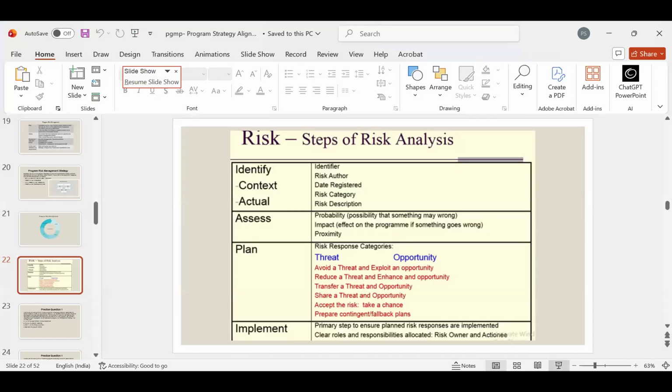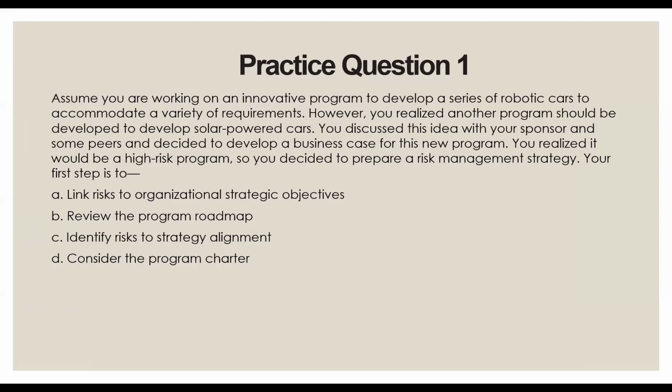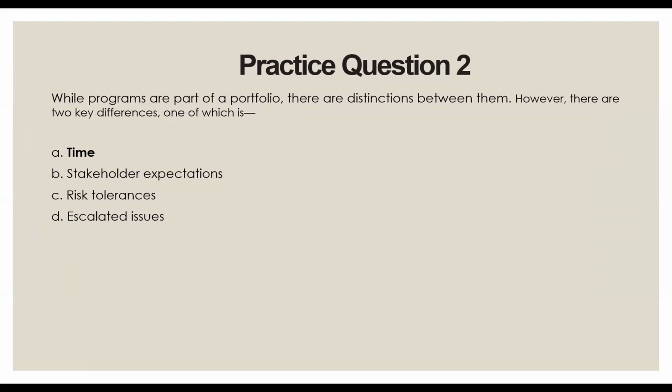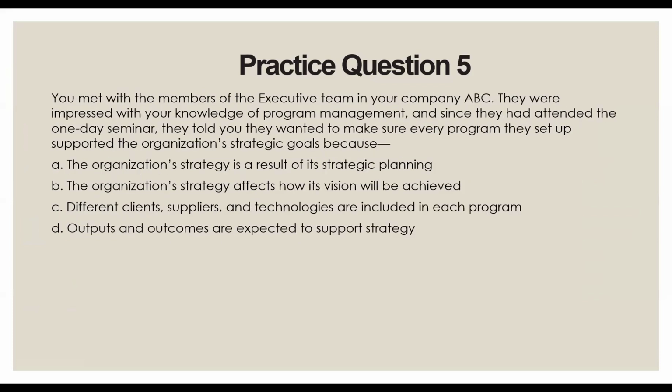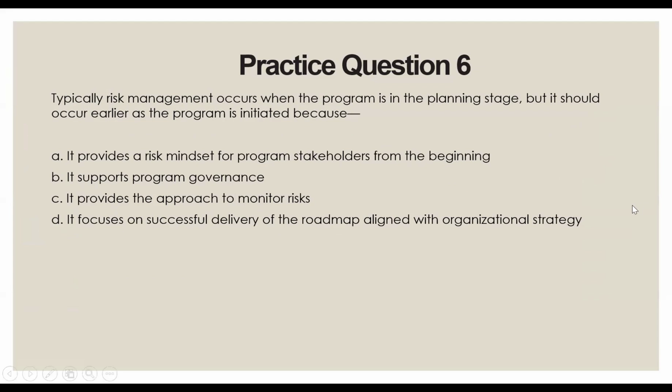Now, see, we did some of these questions yesterday, right? I think we did this. Did we do this? Now, I think I quit this because risk was not done, right? So we didn't do this. Typically, risk management occurs when the program is in the planning stage, right?